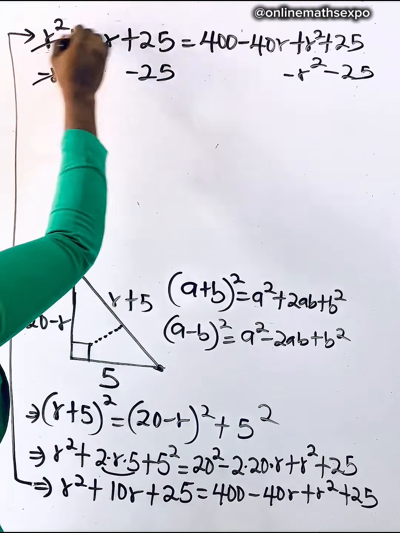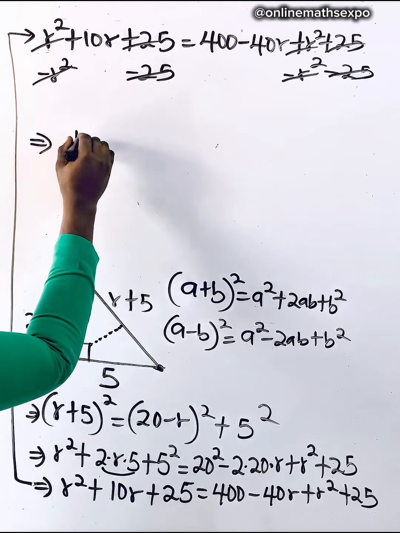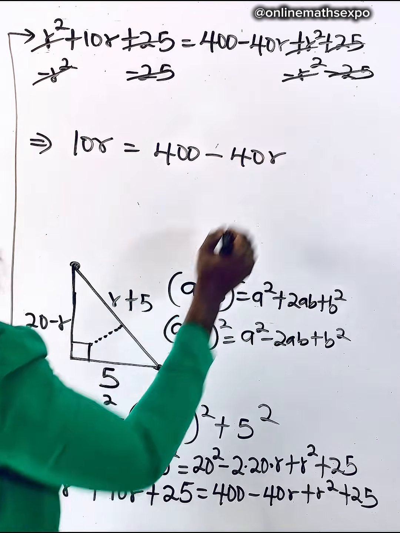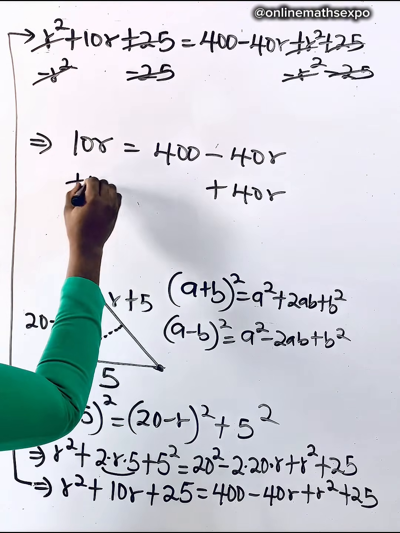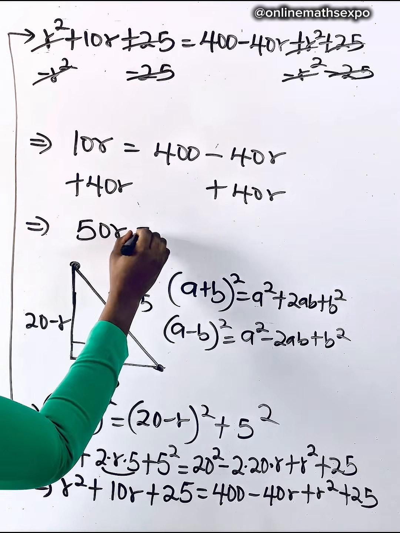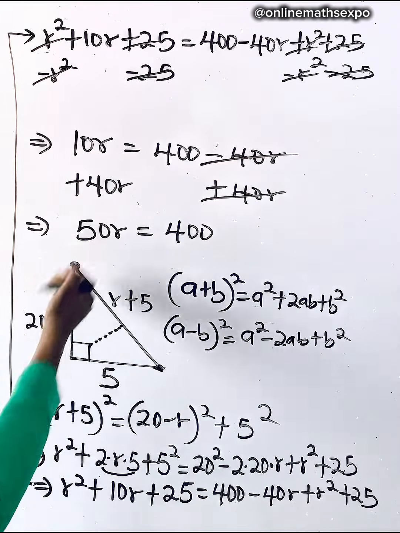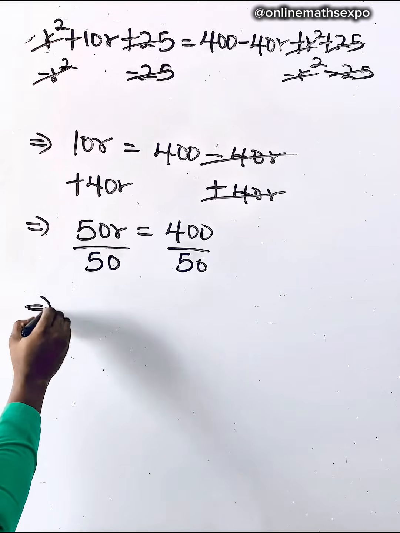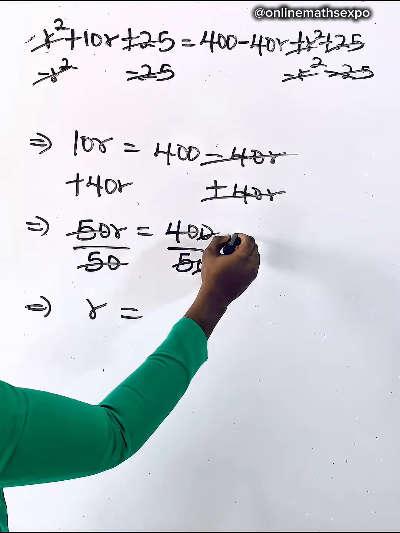When you do that, this takes off, this takes off, and we are left with 10R is equal to 400 minus 40R. To remove this, you add 40R to both sides. And when you do that, this gives you 50R is equal to 400. So to get R, divide both sides by 50. And when we do that, R will give us 8.